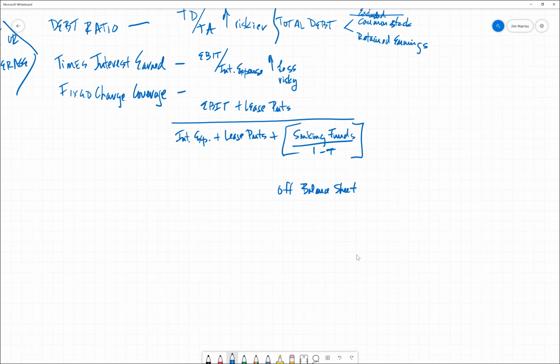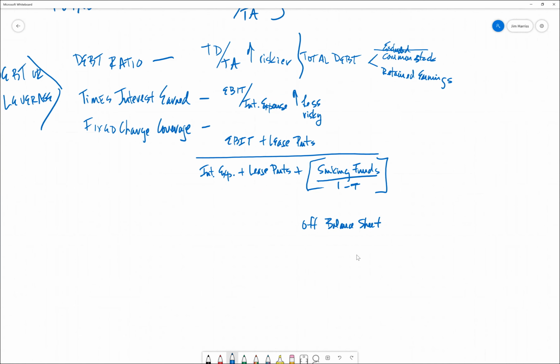Because leases, if they're financing leases, which means you have no obligation to purchase the asset after the lease period, won't show up on the balance sheet because there's no equity in that lease, but they do show up on the income statement when you pay the lease expense. So if you used the total debt ratio and you had a lot of leases, it would look like you were less leveraged than you actually were. This is going to pick up on all of that.